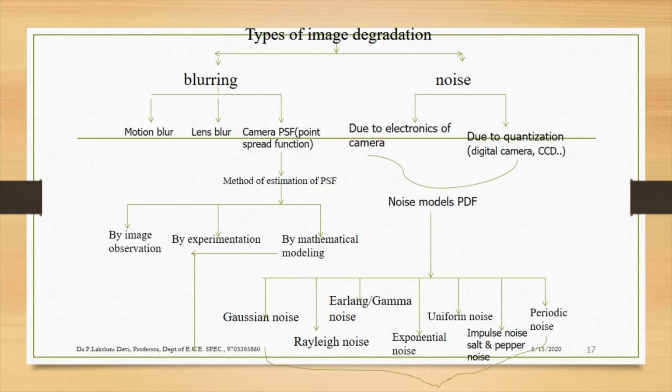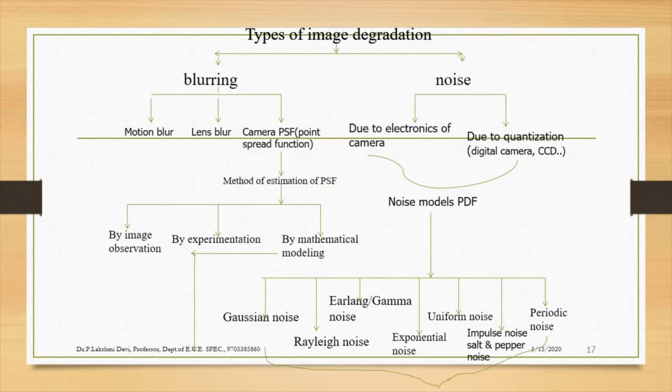Without proper adjustment of the lens, if we have such a problem of blurriness, we call it lens blur. Then each and every camera, based on its quality of capturing, has its own quality: 12 megapixel, 24 megapixel, 32 megapixel, like that. Each and every camera has a point spread function.